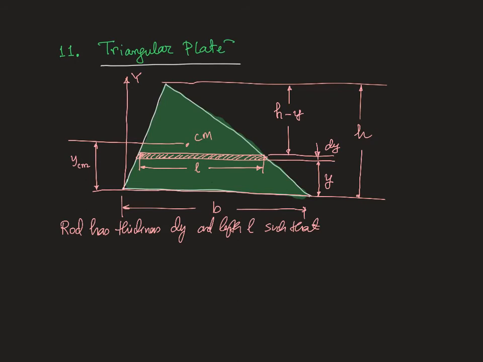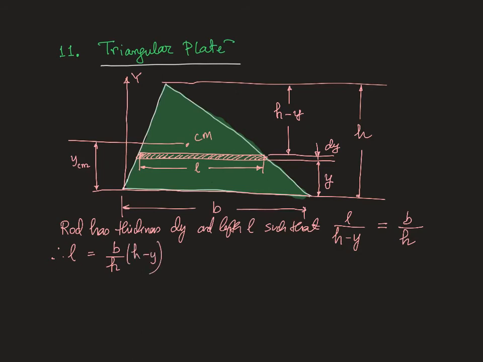By similarity of triangles, L divided by h minus y is equal to b divided by h. Therefore, L is equal to b by h times h minus y.